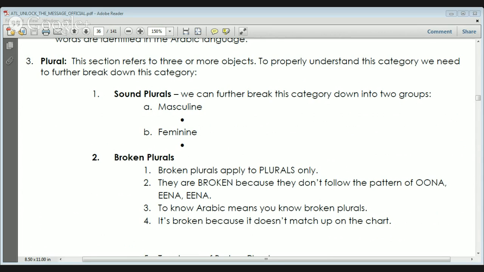This chart is going to be extremely important for your study of the Arabic language. It's a 4 by 4 chart: 4 columns and 4 rows.